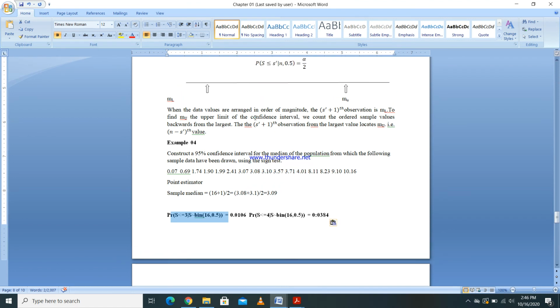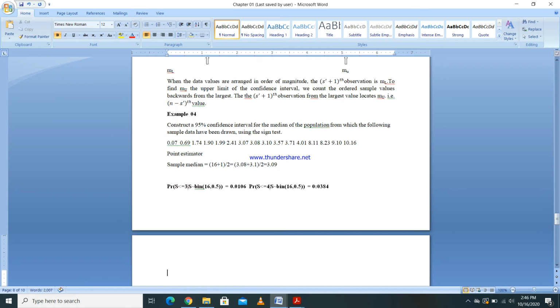That is, the area lying on the left hand side of the distribution is 0.0106. So alpha is actually double this area. To find the confidence interval, the confidence is the area in between these two values, so you have to subtract these two areas from 1 to find the confidence.